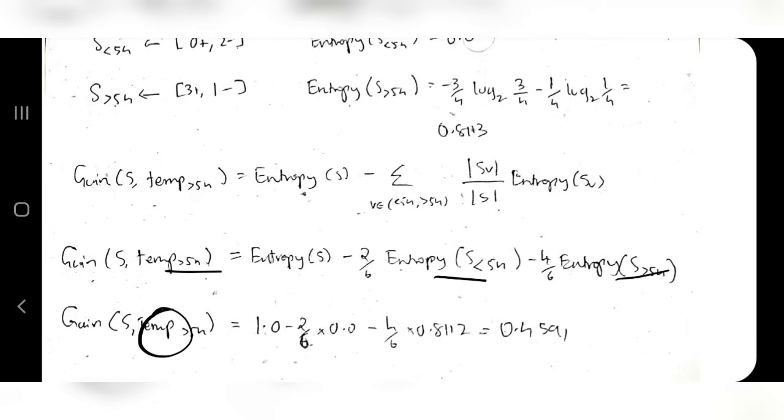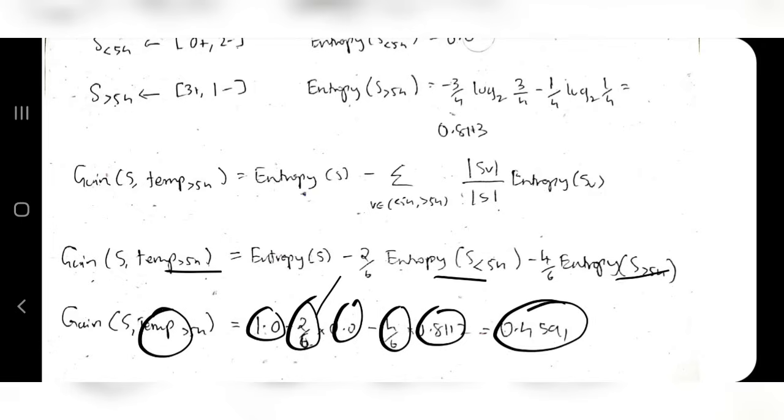And for gain of temperature greater than 54, we write 1 minus 2 by 6 into 0.0 minus 4 by 6 into 0.8112, which is equal to 0.459. So this is the answer we get for the gain at temperature 54.